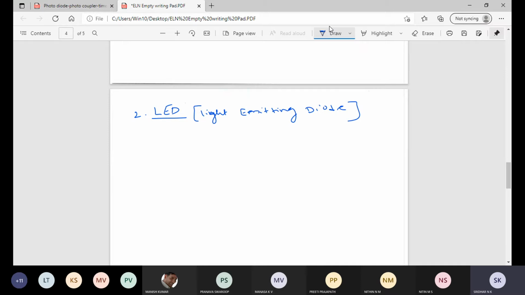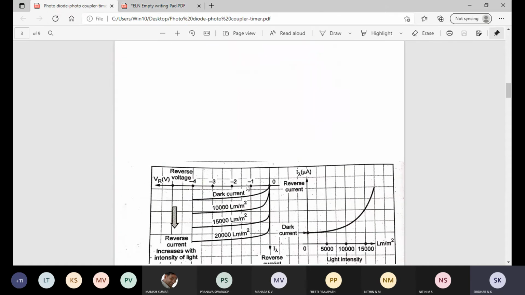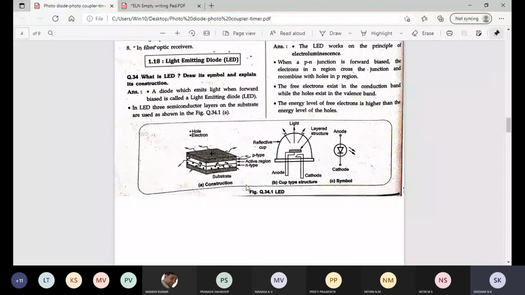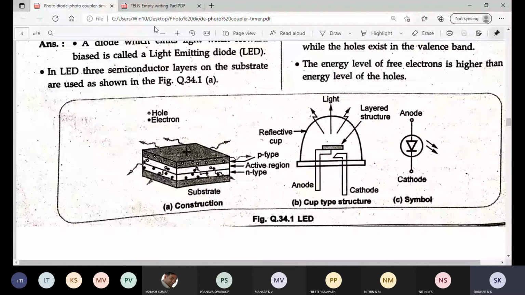So if I want to write the circuit of that, I'll show it here. You can see the construction. There are two types of construction: this is cup type and this is normal construction.